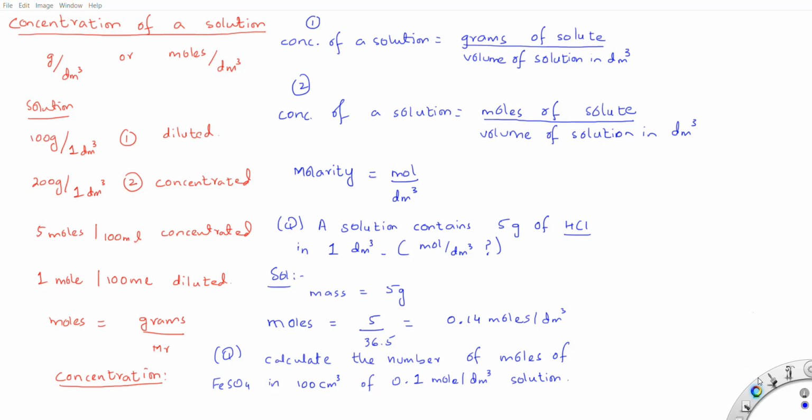So how can I proceed here? It's relatively a bit longer. It says I need to work out the number of moles of ferrous sulfate in 100 cubic centimeters of, this is given, 0.1 mole per liter solution.